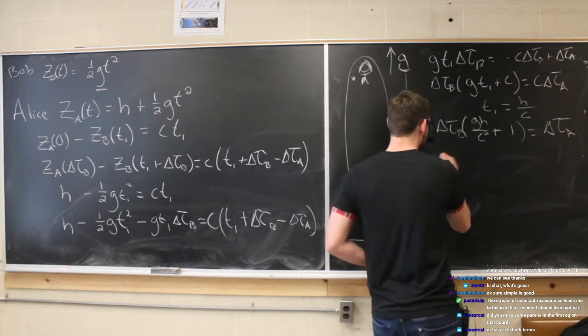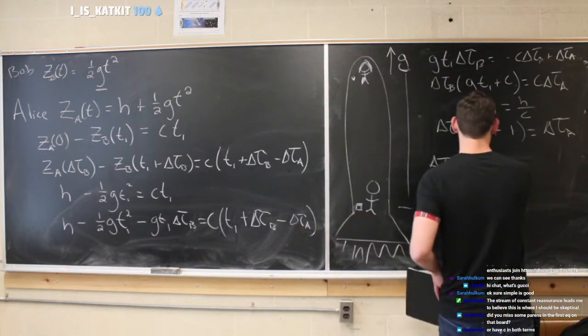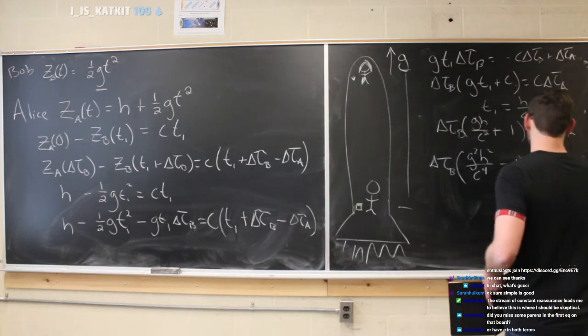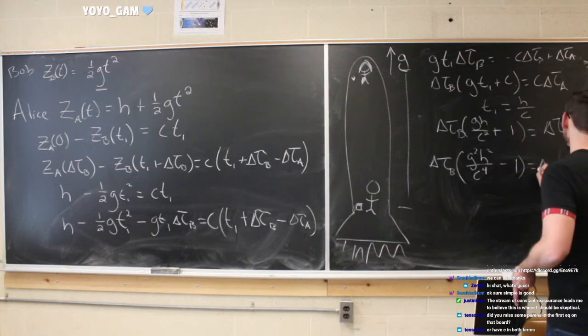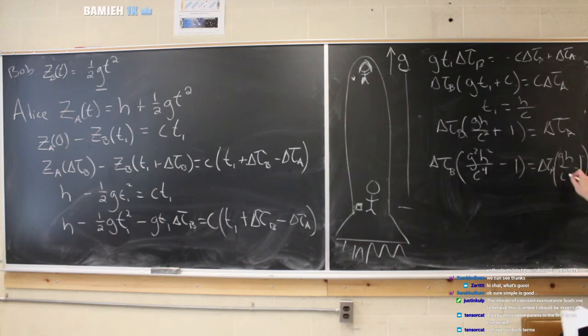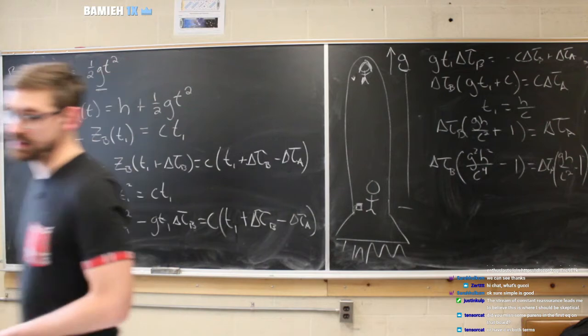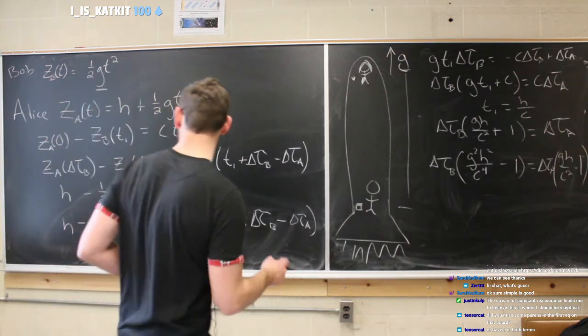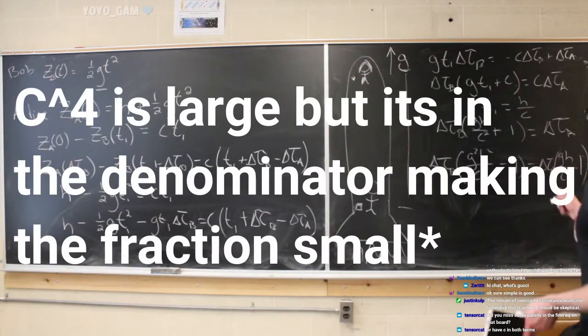That gives us delta TB times g squared h squared over c to the 4th minus 1 squared, which is just 1, times delta tau a times the same thing, gh over c squared minus 1. Excuse me, this term is not squared. This one is. You have c to the 4th, which is an incredibly small number.